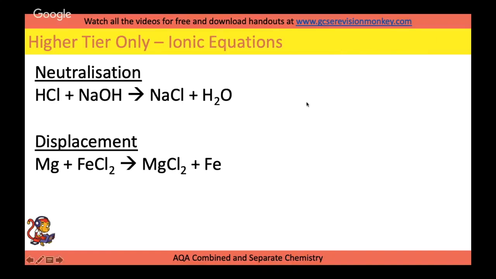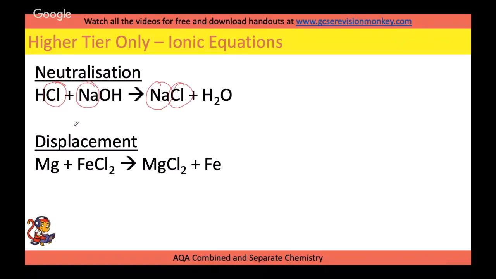Now we'll look at ionic equations. Again, you're looking at changes from atoms to ions and ions to atoms. In this case, it's neutralization. If you look at this side, you've got sodium as an ion there and an ion there, and chloride as an ion there, as an ion there.